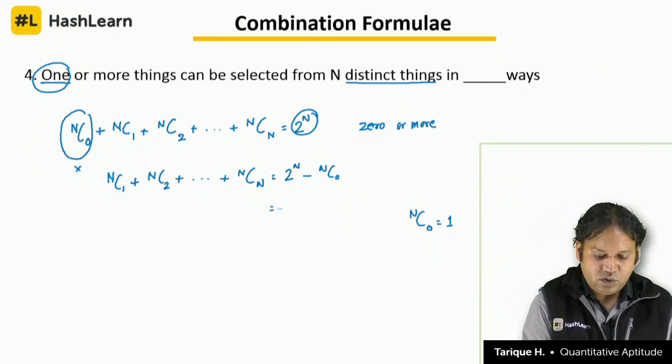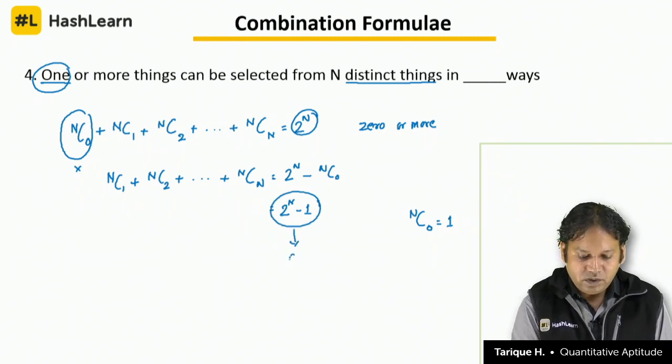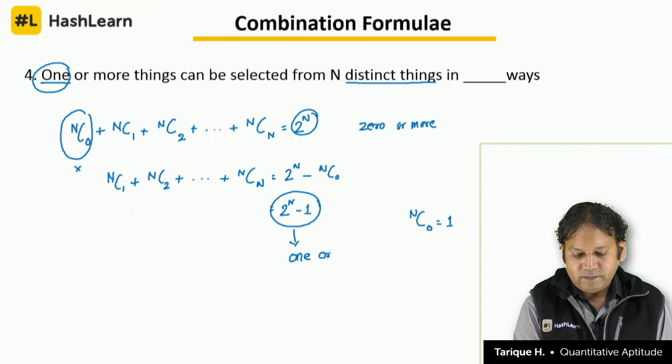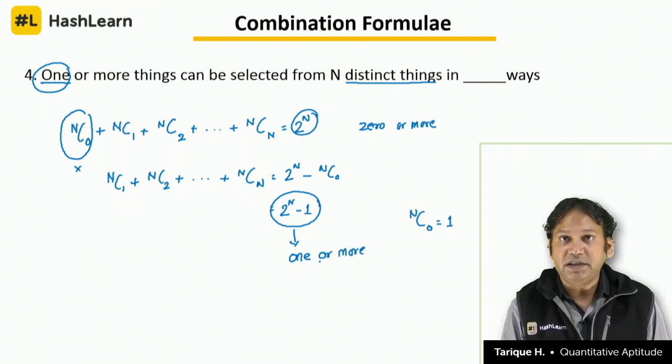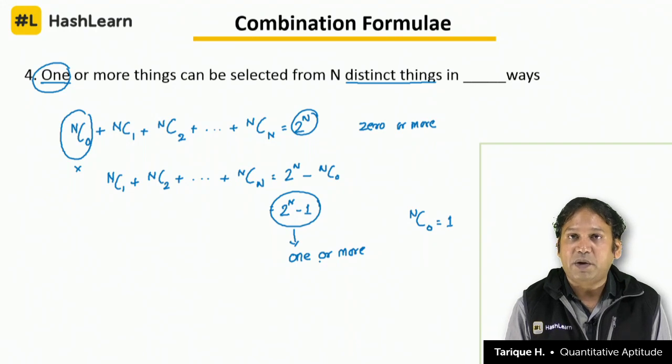So what is the answer? 2 power n minus 1. You just have to remember this value, don't worry about the derivation. So 1 or more things from n distinct things is 2 power n minus 1, whereas 0 or more things from n distinct things is equal to 2 power n.